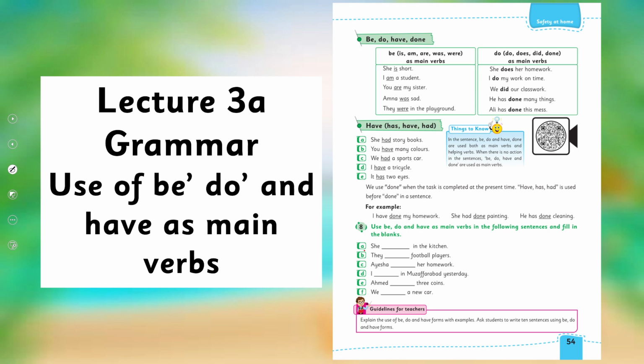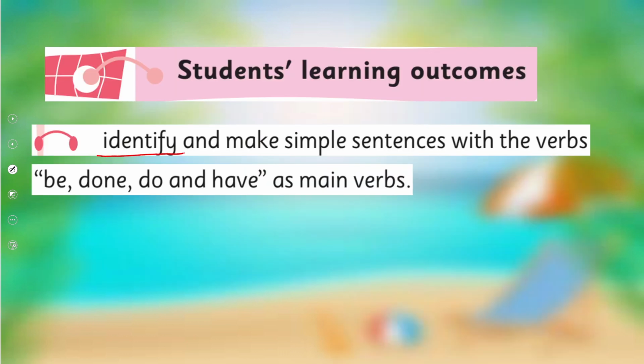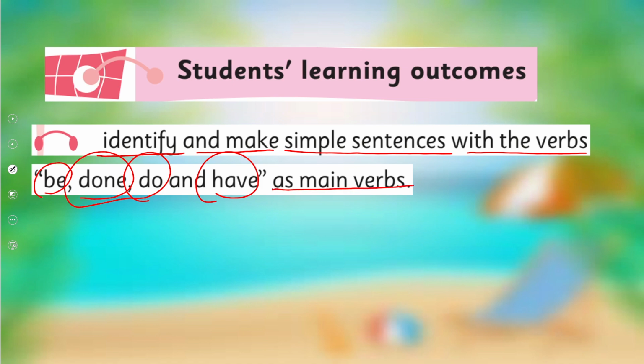Lecture 3A, under the title of grammar, we learn the use of be, do, and have as main verbs, and we'll cover the SLO to identify and make simple sentences with the verb be, do, and have as main verbs.